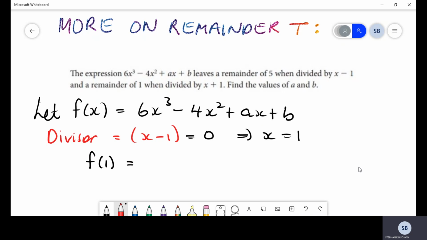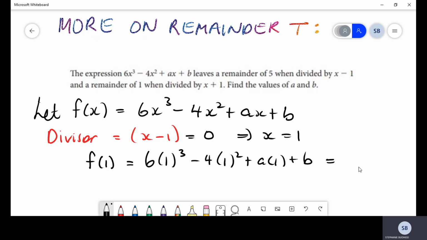So doing so, we will get 6, 1 cubed, subtract 4, 1 squared, plus a by 1 plus b. And that also, I think I'll set it equal to what the question says.